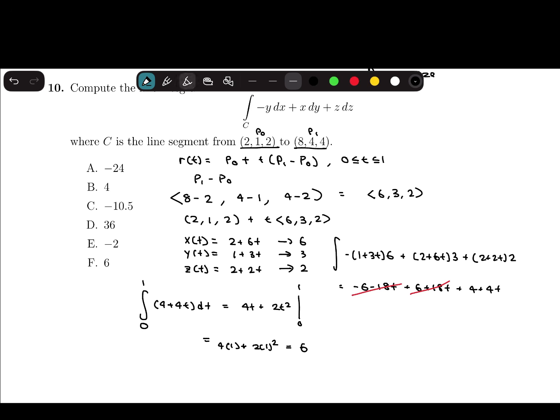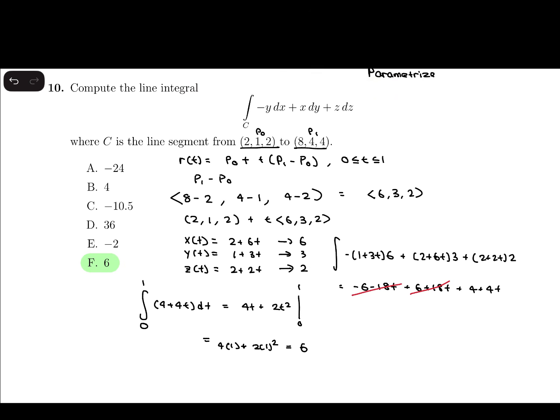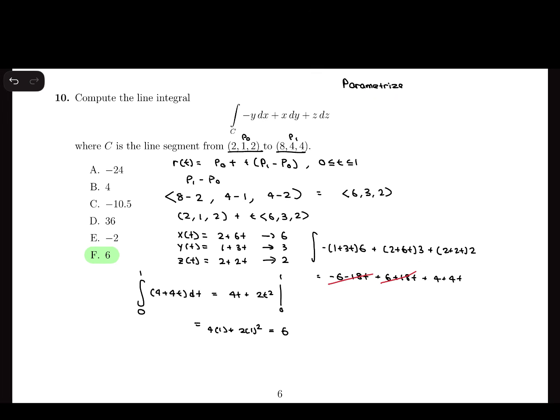So in this case, our answer is answer choice F. And that is question number 10.